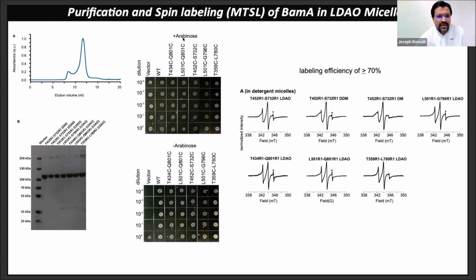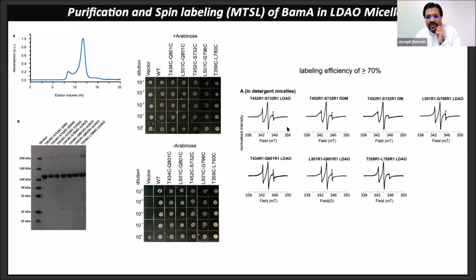So here, for example, with arabinose, the BamA is driven from the genome under the control of this arabinose promoter, and similar growth can be observed even in the absence of arabinose, where BamA cysteine variants are expressed from the plasmid, which also supported growth to the same extent.